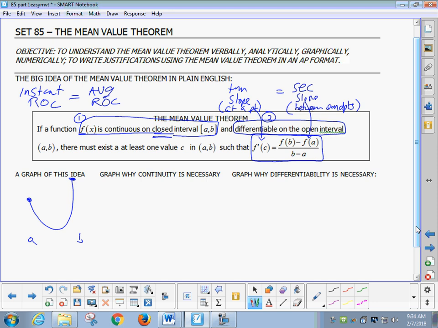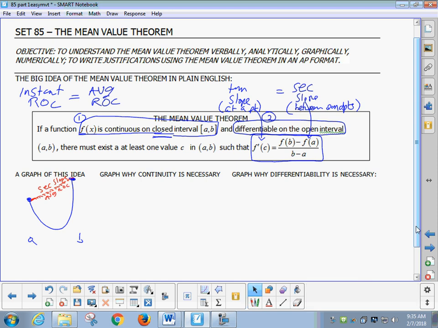Now the slope between the endpoints, the average rate of change over the interval, is that. Cool. That to me is cool right there, because if I could actually calculate all the slopes between those two, that would be the average of all those slopes, an infinite average. That's for another day. That's the secant slope, for the average rate of change.